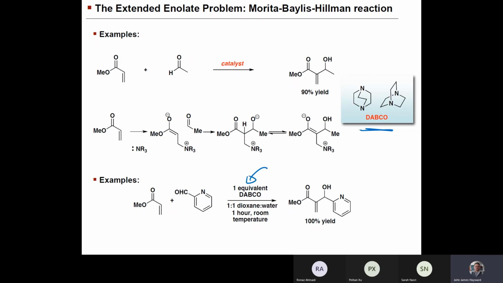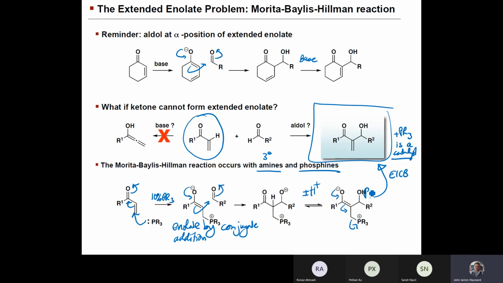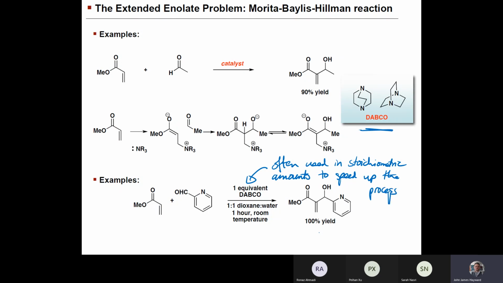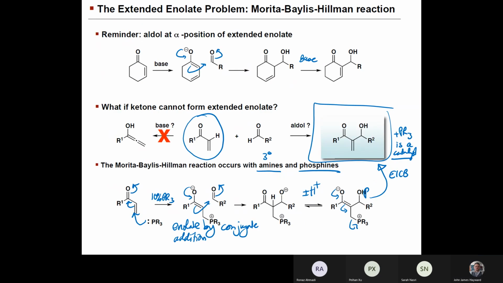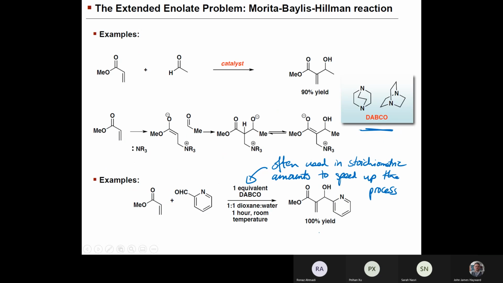So it's often used in stoichiometric amounts to speed up the process. If you didn't use one equivalent, instead of taking 1 hour, that would probably take 24 hours, possibly even 48. It can be quite slow. Very annoying.